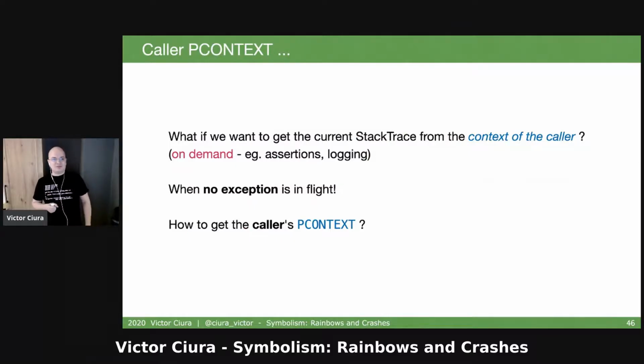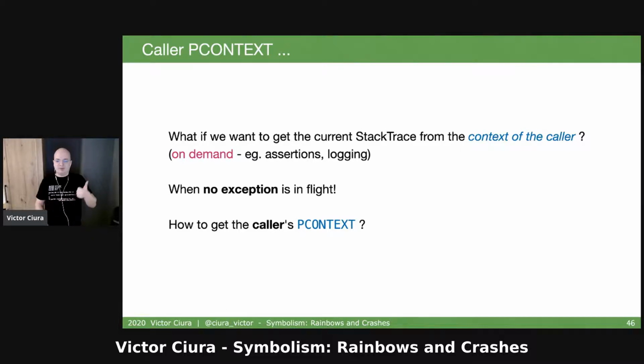Okay, so we've seen how to get the context for an in-flight exception. But what if we want to get the stack trace from the context of a caller? That is, to get a stack trace on demand, when no exception is in flight and nothing crashed. You just want some rich logging.